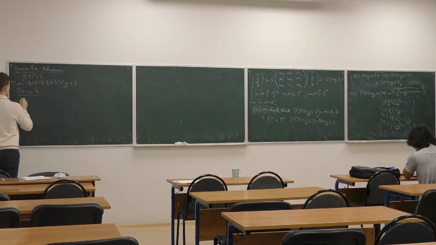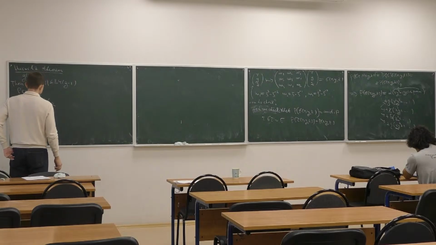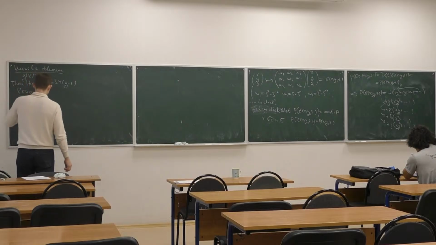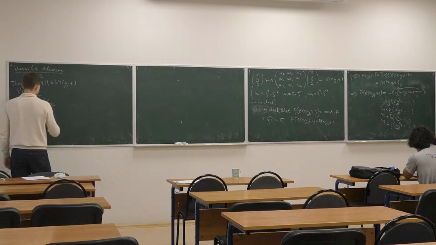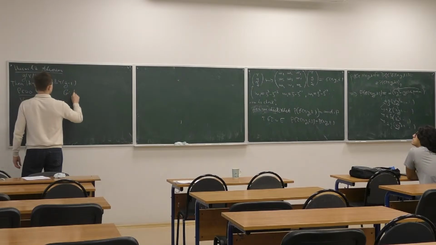We considered the projection from X to X quotient by G, where we denote by G the automorphism group.